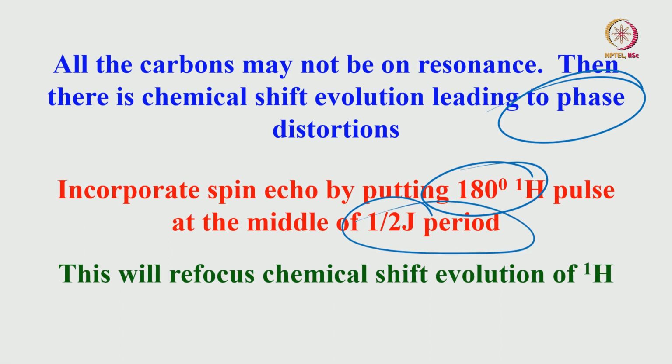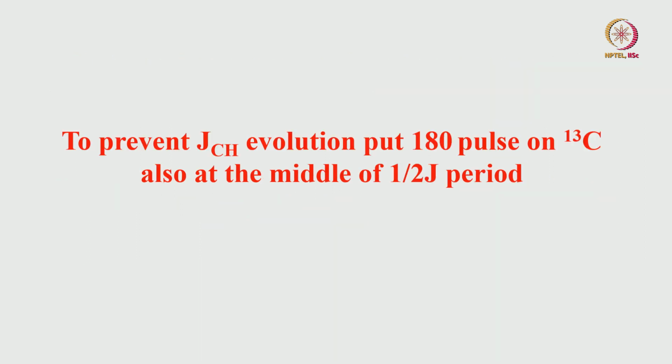Up to 1 over 2J, they will become antiphase. In the middle of that 1 over 2J, apply a 180 pulse. Then it will refocus the chemical shift of protons. Another thing that may happen is evolution of J coupling during that period. How do you prevent that?